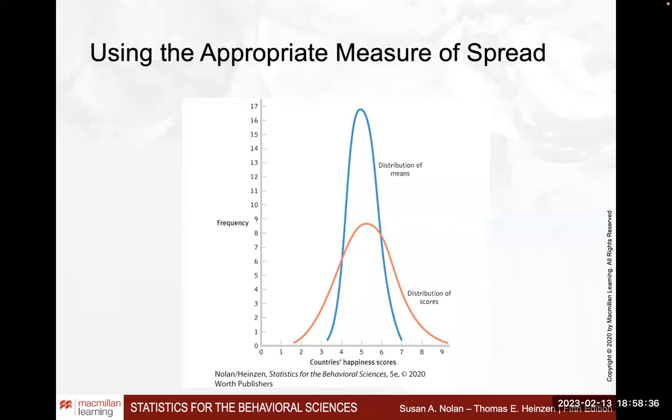But what's characteristically different is the distribution of the mean. So you have a slimmer distribution between the distribution of the scores and the distribution of the means. So that means that there are more outliers and that there are more extreme values as compared to the distribution of the means, because the means are already shaping towards a reflection of the population mean.